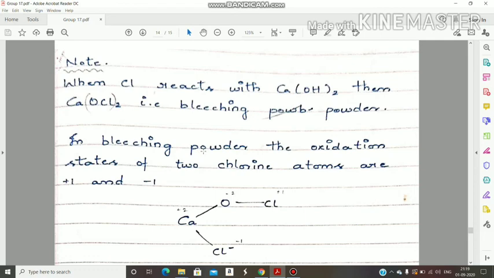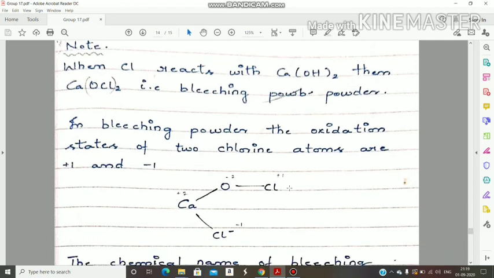Here one more important point is that in bleaching powder, 2 chlorine atoms are there. Among the 2 chlorine atoms, one chlorine has +1 and one chlorine has -1, because of the structure of CaOCl2. This chlorine is attached to the metal. Usually a metal loses electrons, so automatically this chlorine gains a negative charge.